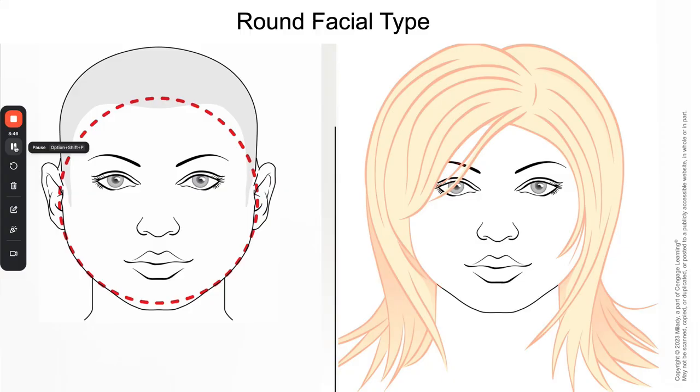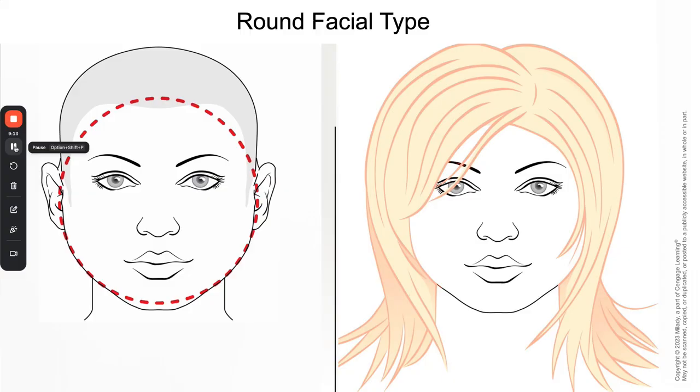We can also, for your round clients, since their face is already round, you want to give them closeness on the side. So they don't need a lot of volume. They don't need curls around the middle of their face. They need closeness on the sides to create that illusion of length. So basically, we want to create the illusion that we are elongating our round client.